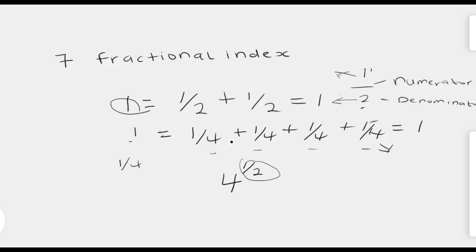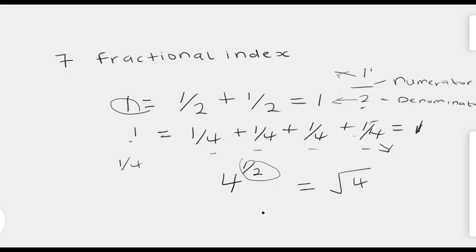So we need 4 parts of it if we add them up to get the complete whole. So this now, written in standard form, will simply be, the 2 will be converted to a root, and you bring in your value 4. You see, very simple, right?